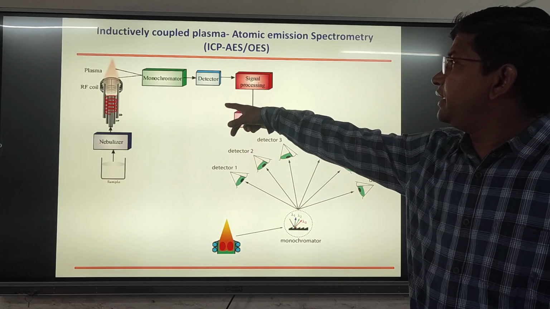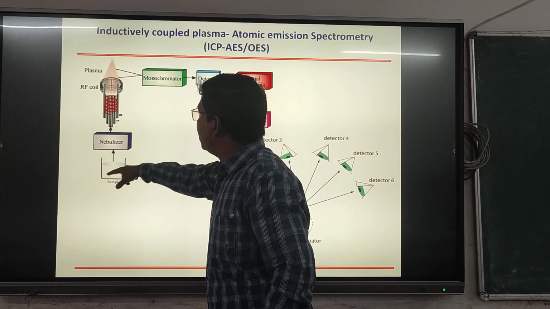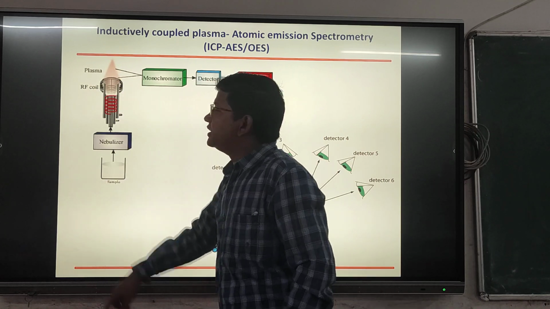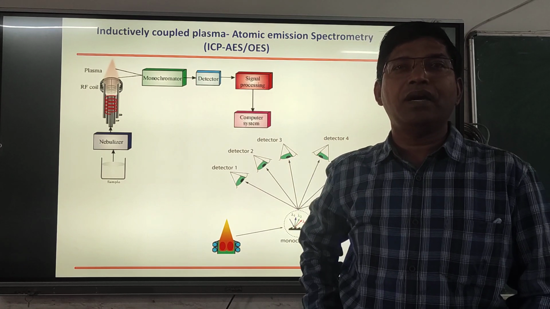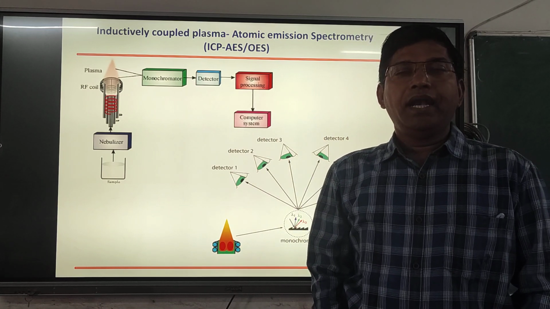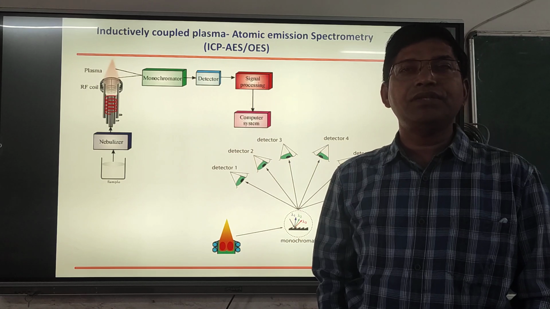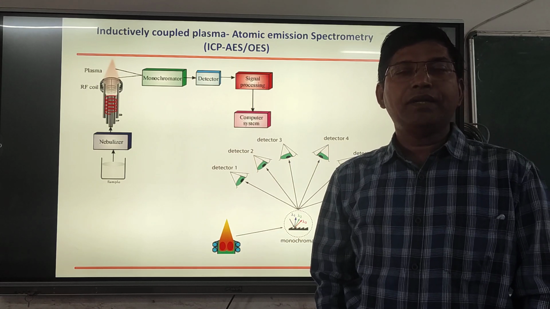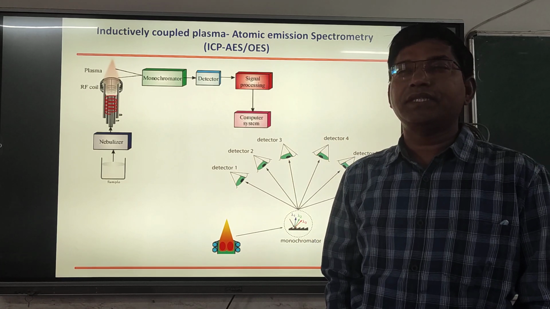Okay, and this is an ICP. This unit is called ICP, inductively coupled plasma. Like in flame photometry we have seen, flame is used for atomization and ionization of the element present in the sample.